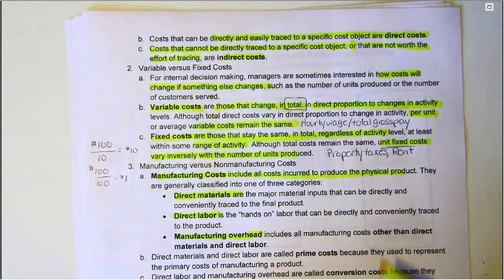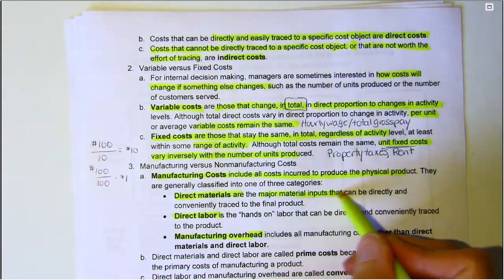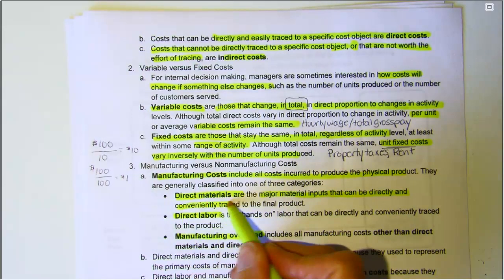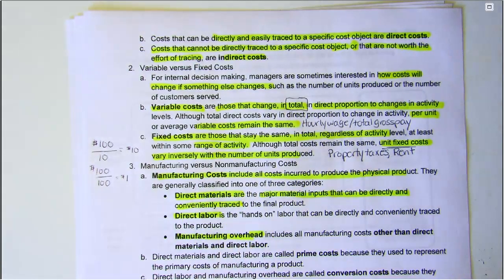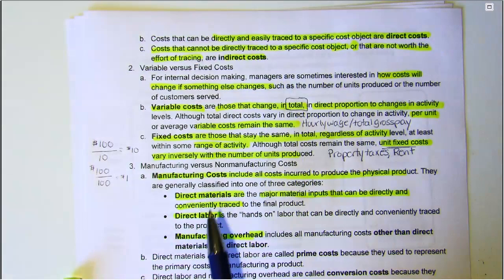Direct materials. They are the major material inputs that can be directly and conveniently traced to the final product. That's a category that we just talked about, direct costs. Direct costs are directly and easily traced. So direct materials are a form of direct costs.